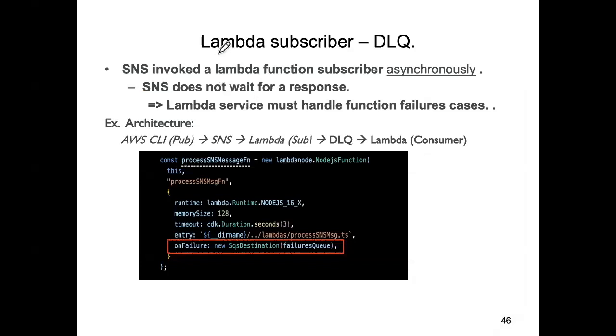If you've got a Lambda that is a direct subscriber, the DLQ there is probably misleading. I should have written something else really.